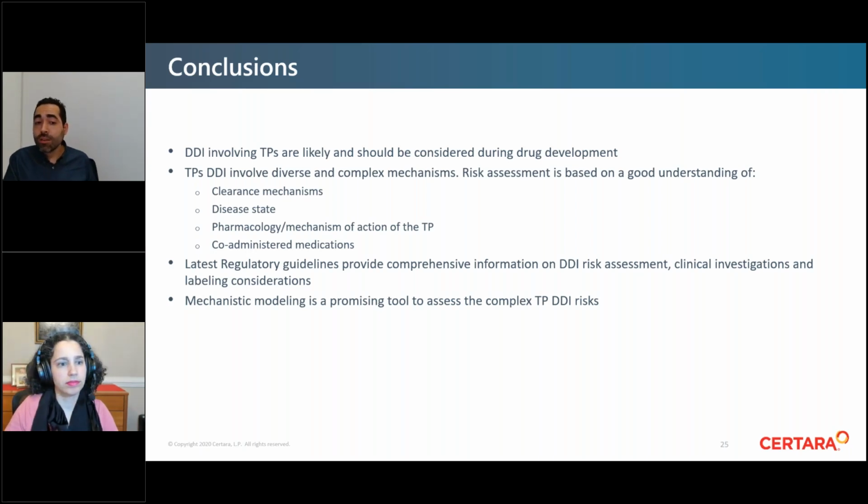The answer is no. As you saw in the decision tree, the agency is offering the possibility that the sponsor, the applicant, can add the appropriate labeling language to inform the prescriber about this risk and the potential DDI.